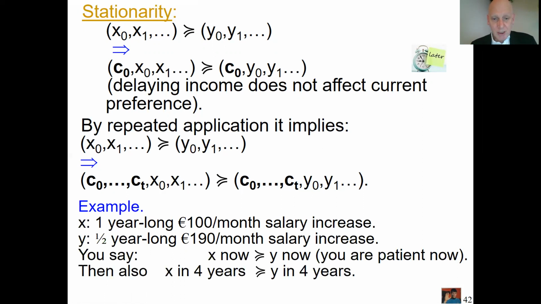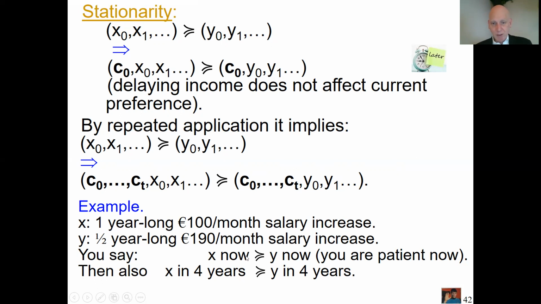And imagine that now they say, oh, wait a minute. This salary increase will not happen right now. Only in 4 years from now it will happen. So you can choose either in 4 years from now, you get 100 euro per month extra during a year. Or in 4 years from now, you get 190 euro per month extra, but only during half a year. And then, if you satisfy stationarity, your preference should not be affected by that.